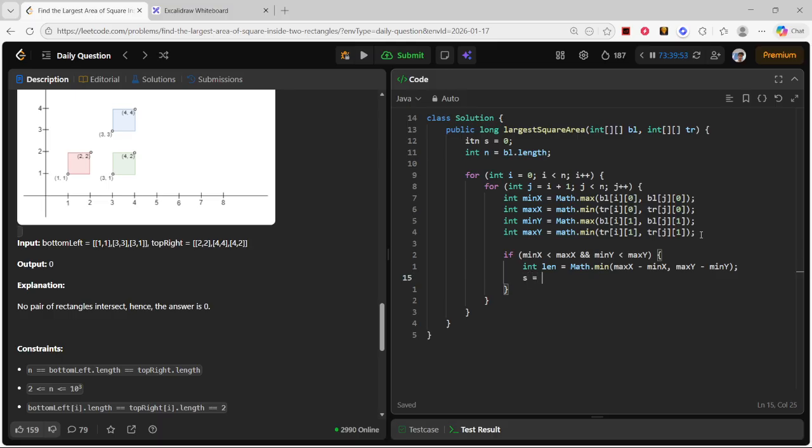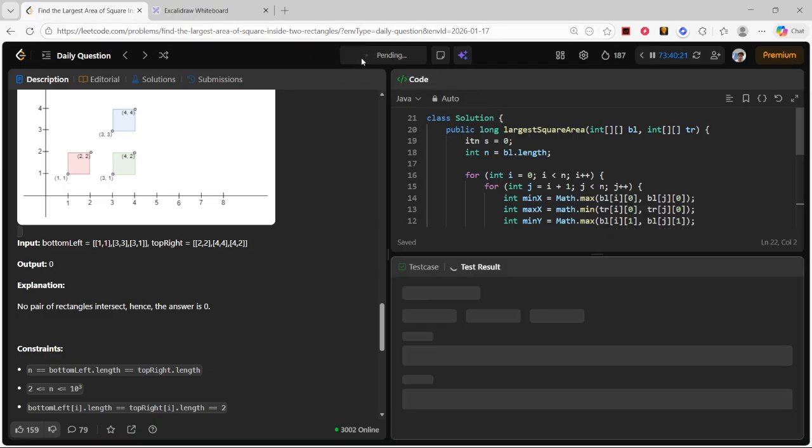Then larger square is Math.max of larger square and len. Then we return larger square as long s into s.